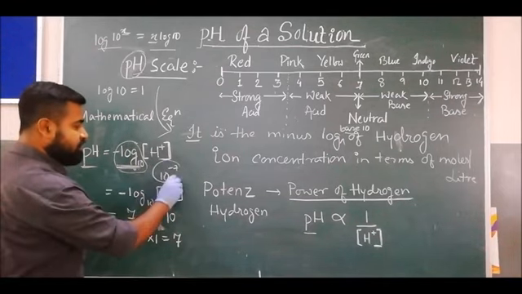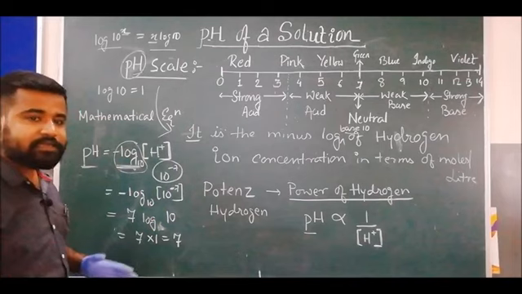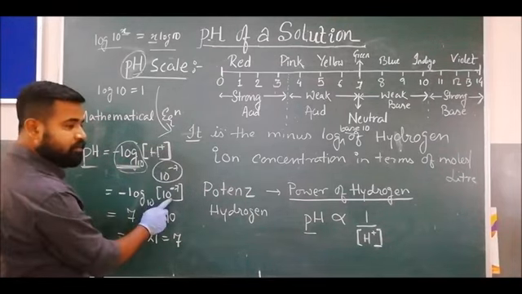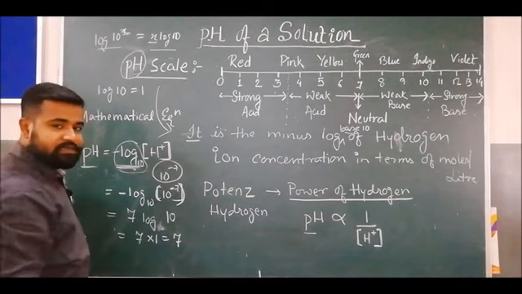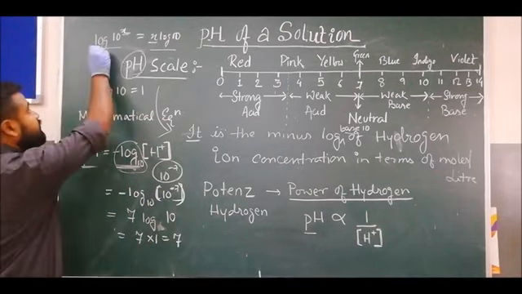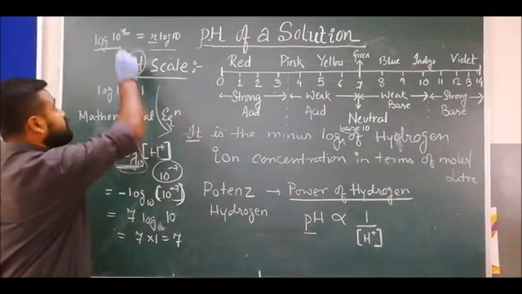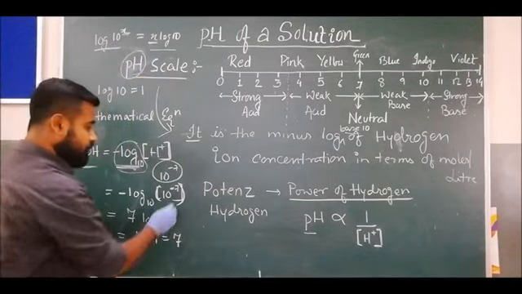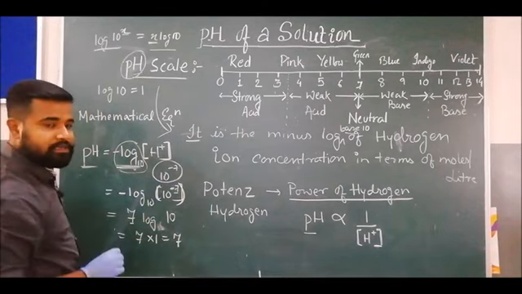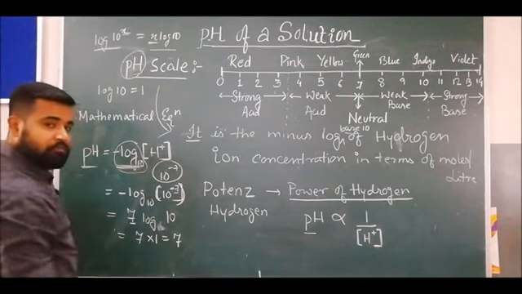Here the H plus ion concentration is 10 to the power minus 7. What is the rule? If log 10 to the power x is there, then x becomes the coefficient. So here 7 has become the coefficient because minus and minus become plus.